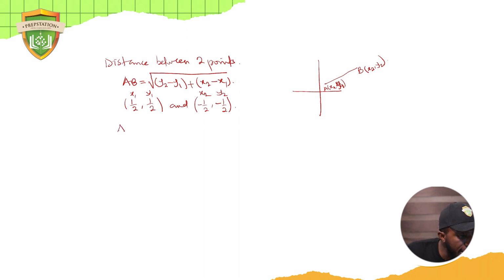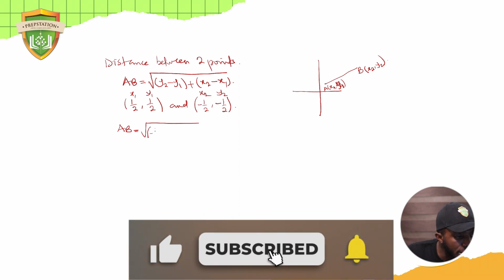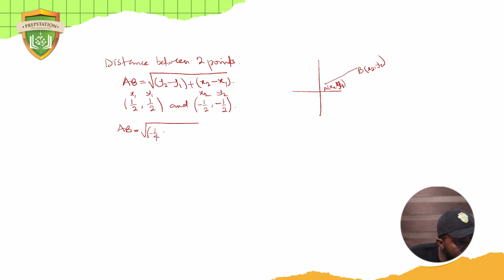So if we try to apply, distance AB is simply, what is y2? Negative half, minus half. Sorry, something is omitted here. So this is squared. We square this. Plus the same thing, x2 minus x1: 1 over 2, I beg your pardon.